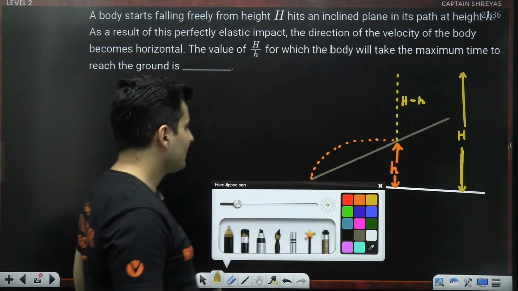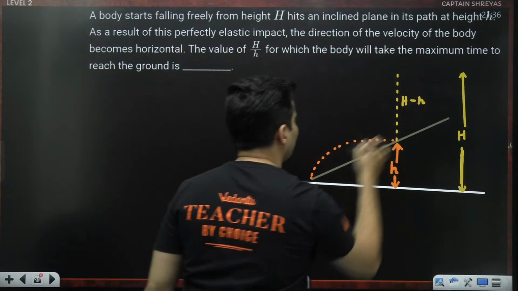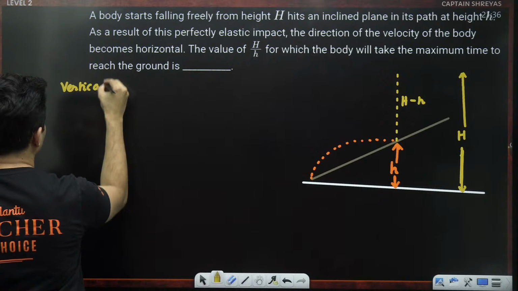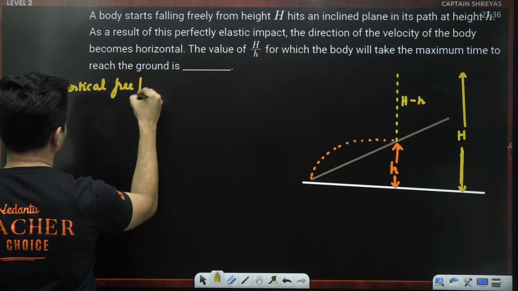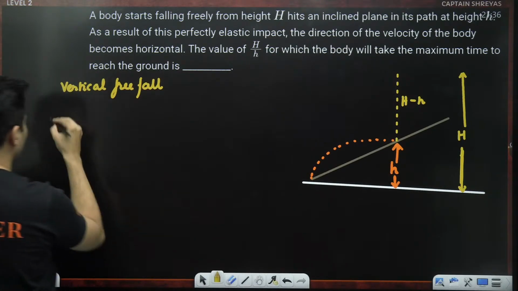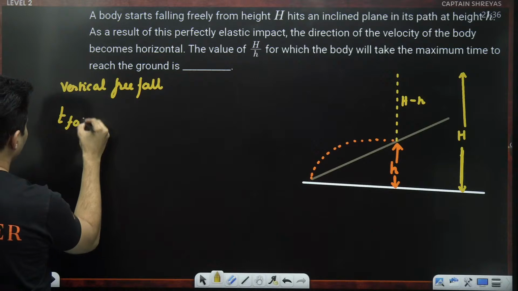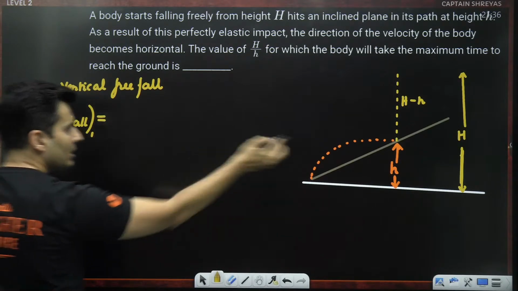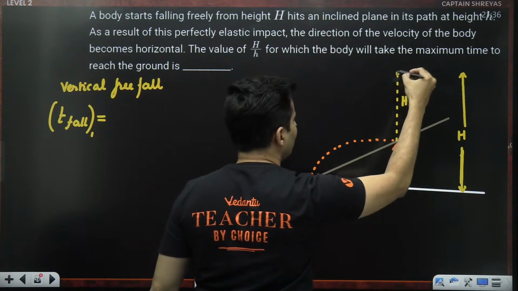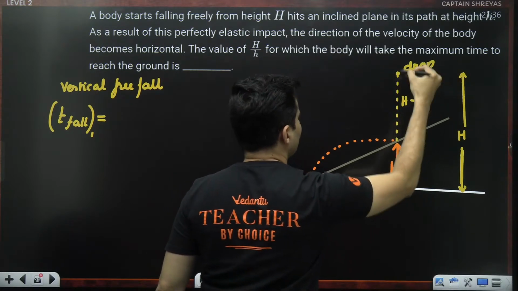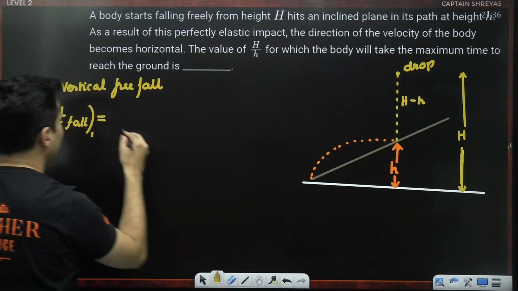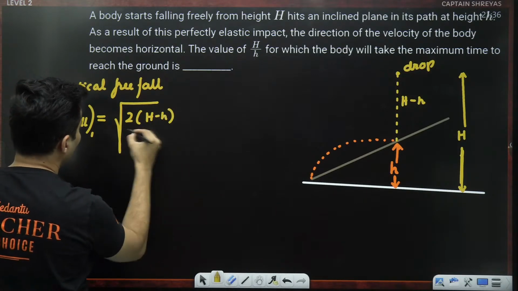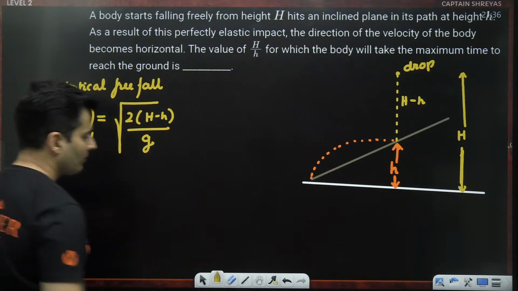Since this part of the motion is a vertical free fall motion, the time taken to fall in the first case, just you are dropping it from here, falling by a height of H minus h, is given by root of height, which is H minus h, whole thing divided by g.